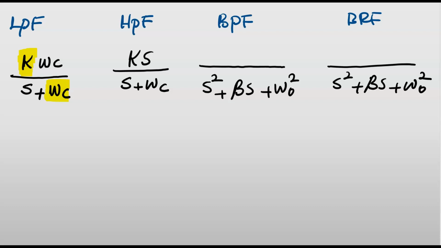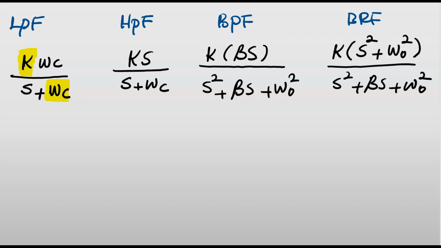In the numerator of a bandpass filter, we have k multiplied by beta s, and in the numerator of a band reject filter, we have k multiplied by s squared plus omega naught squared. So s squared plus a constant is what we have for a band reject filter, and a coefficient multiplied by s is what we have for a band pass filter.